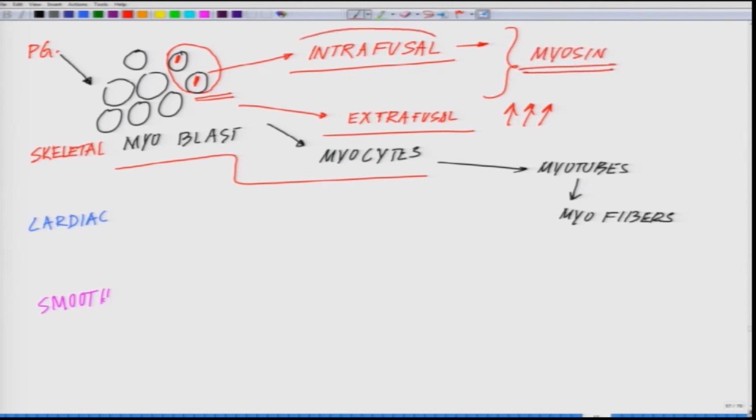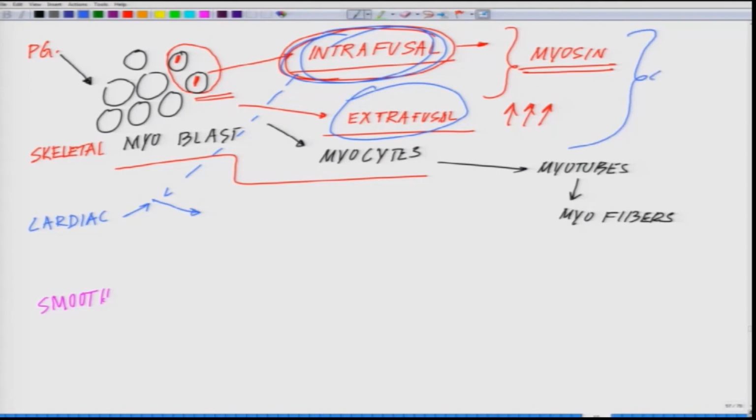The myosin subtype of these intrafusal fibers is very similar to the myosin of cardiac muscle. We'll come later into what kind of myosin fibers are present there. But the myosin chains of the intrafusal fiber are entirely different compared to the extrafusal fiber within the skeletal muscle.